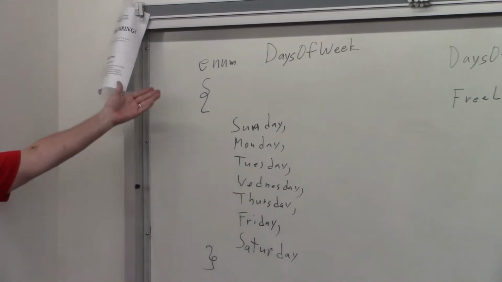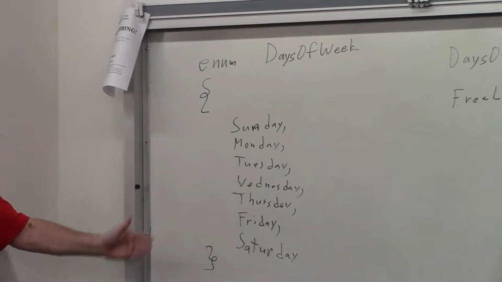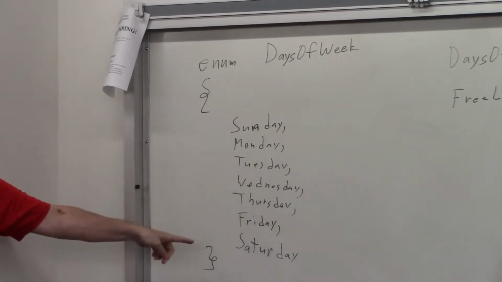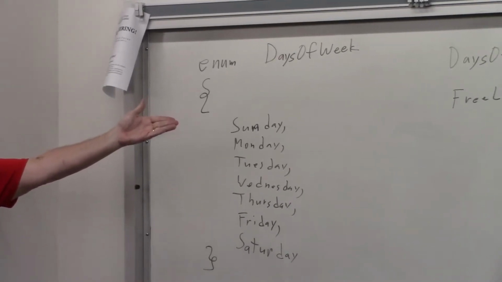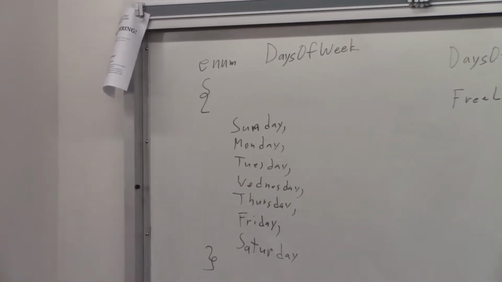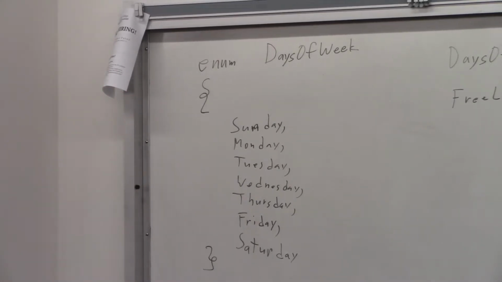I declared a type called days of week, which is just like int, just like double, except I can define what the valid values are. I declared it over here, and later on I declared a variable of type days of week, gave it the name free lunch, and assigned free lunch to be Wednesday. Does Wednesday have to have quotation marks around it? Nope. In fact, you will get an error.